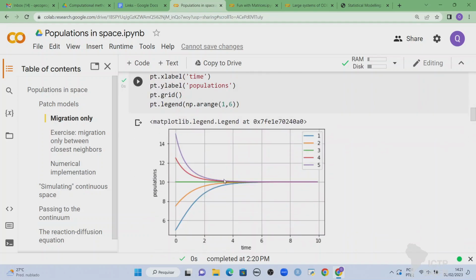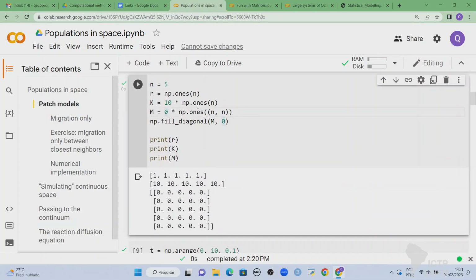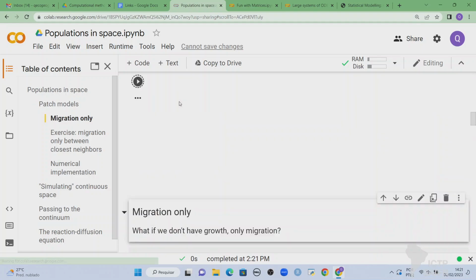But maybe if we had a very large migration, so let me put, I don't know, maybe 5 here. So a very high one. You see that this is a rate, so I have to compare this to the growth rate. That also has units of time, okay? So this is 5 times larger than the growth rate, so this now should be a little bit different.